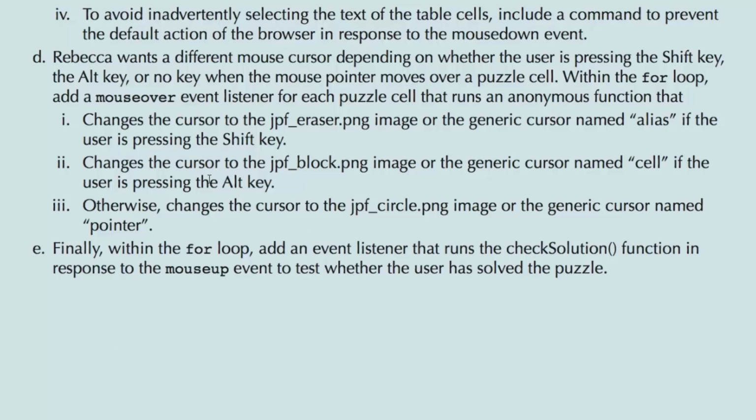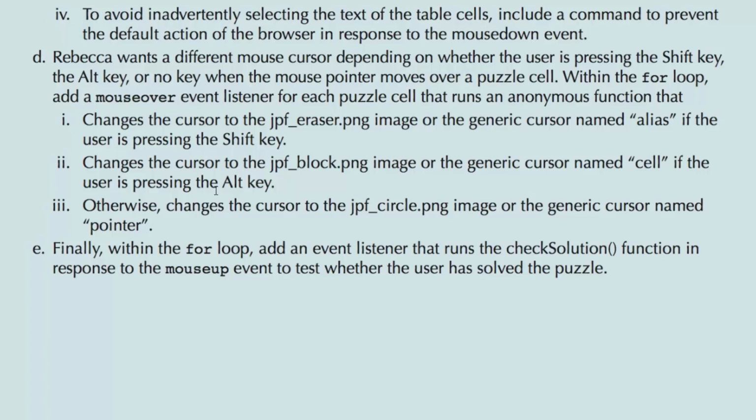Okay, so now we're up to 7D, where we're going to add the mouseover event listener, and in the anonymous function, we're going to change the cursor to the JPF eraser PNG with a generic cursor name of alias if they're pressing the Shift key. Otherwise, we'll have the JPF block PNG image with the generic cursor named cell if they're pressing the Alt key.